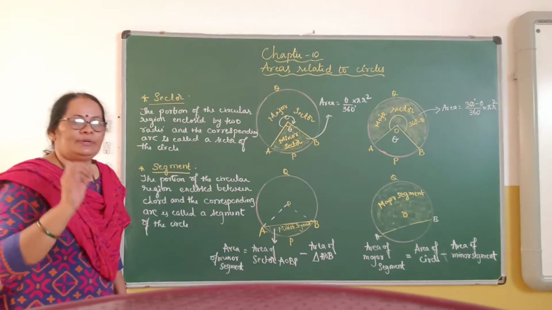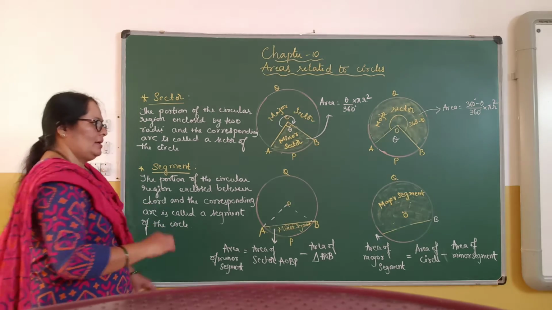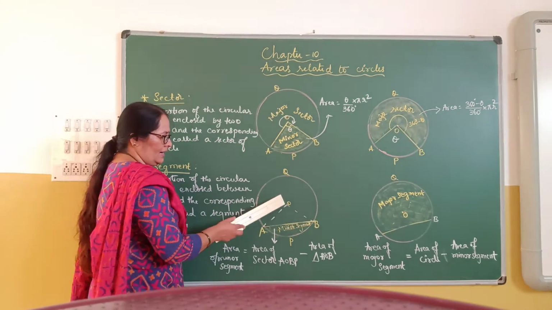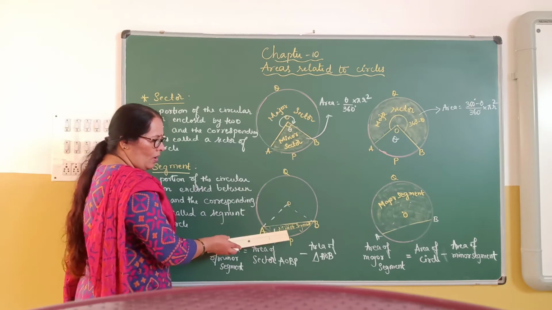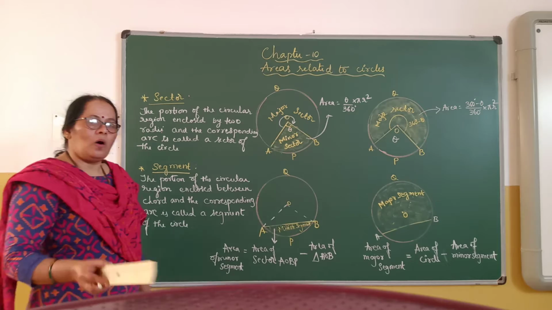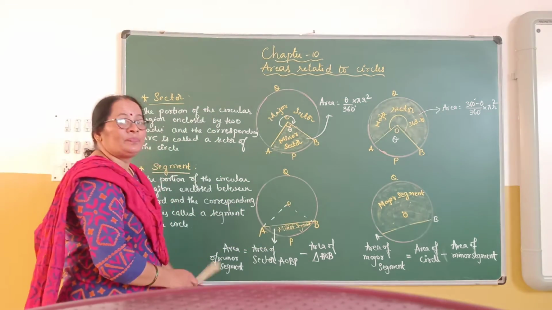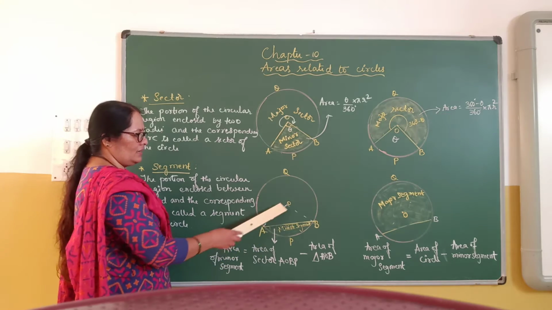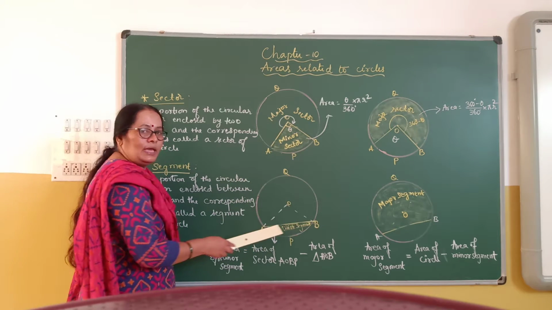So first you need to find the area of the sector, then subtract the area of the triangle AOB, and then you will get the area of this minor segment.